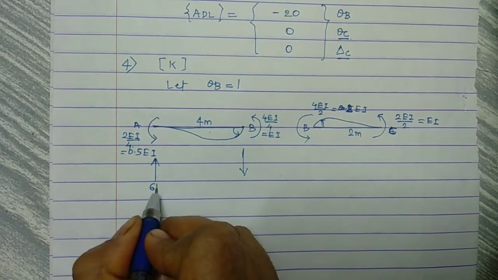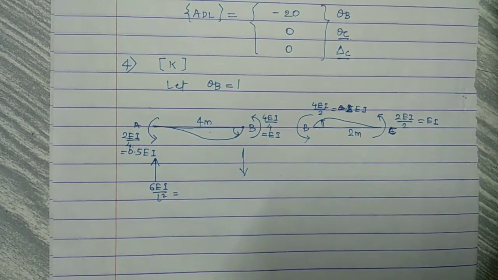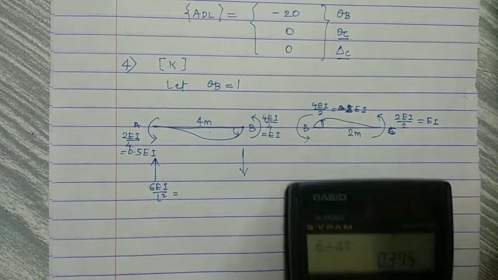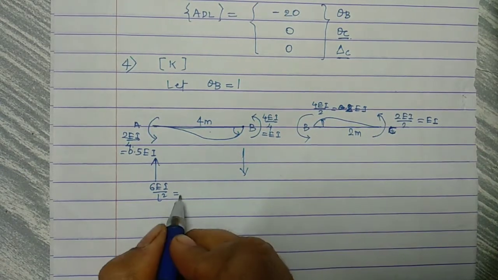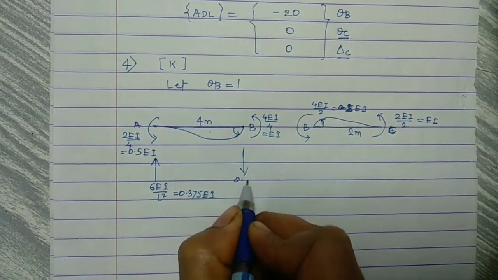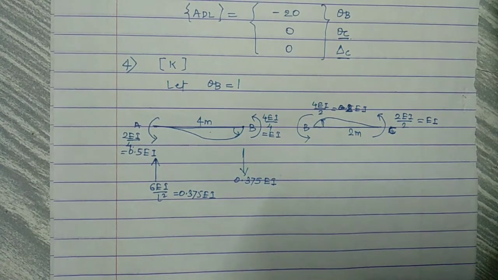So total reaction will be 6 EI upon L square. So calculate that magnitude, 6 upon 4 square, that is equal to 0.375 EI. Same magnitude of reaction at B in opposite direction, 0.375 EI.